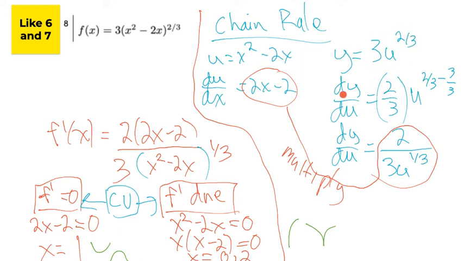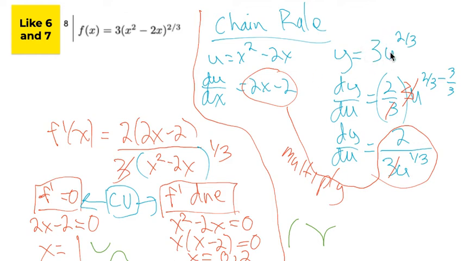Oh, I forgot my 3 right here. That's a bit of a problem. I'm just going to do some quick corrections here, folks. That's a really lucky mistake to make because it didn't change any of my answers.